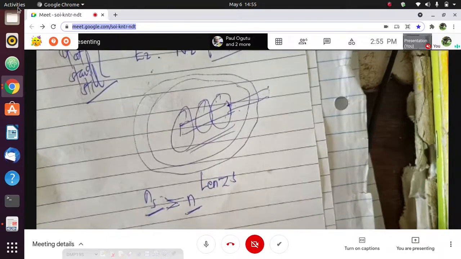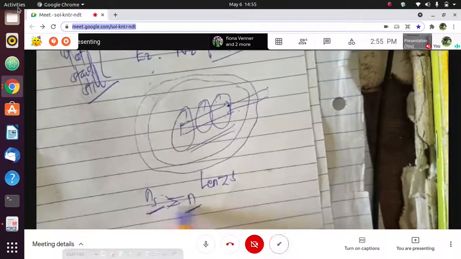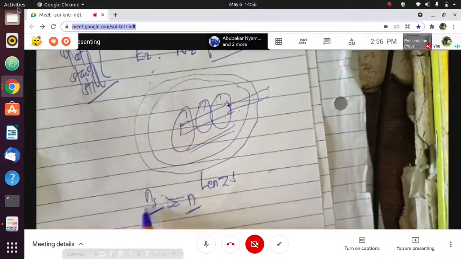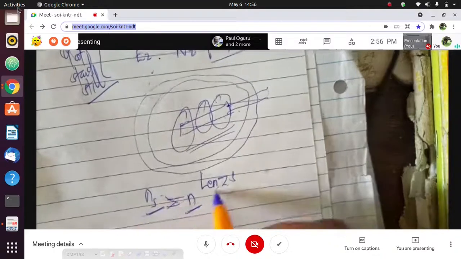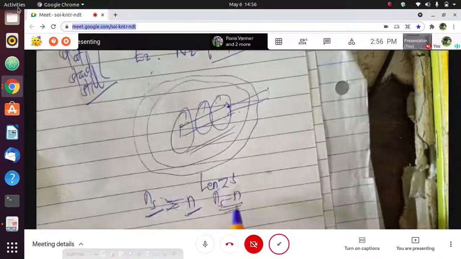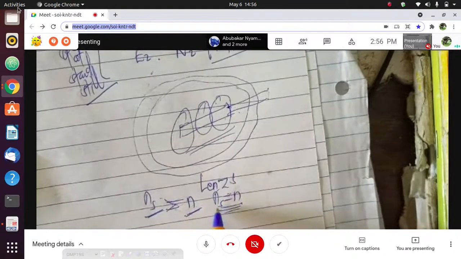Remember, as this magnetic field is rotating, the rotor will start increasing speed from zero up to the point that it is the same as Ns. At some point, Ns will be equal to N. But when it reaches this point, the induction in the rotor circuit will cut off, because there is no relative speed between the stator and the rotor.